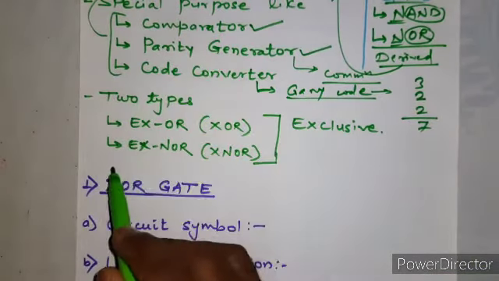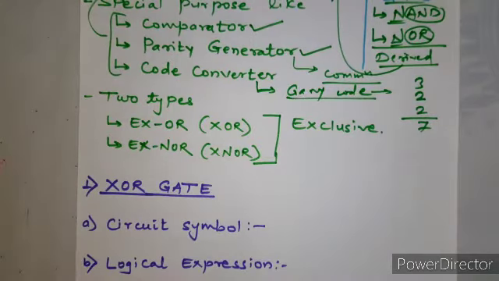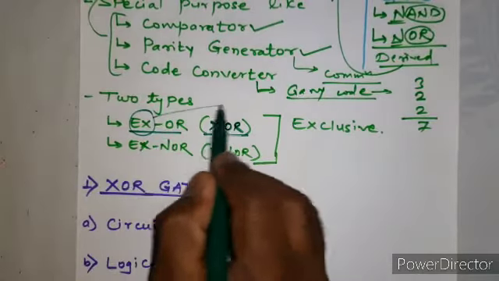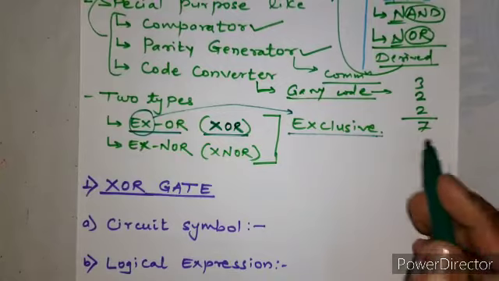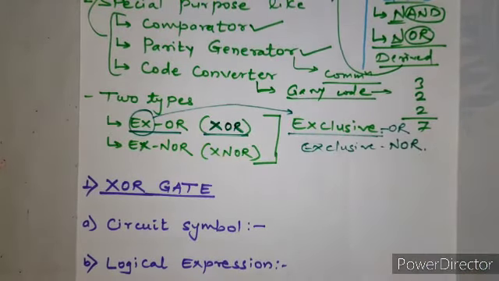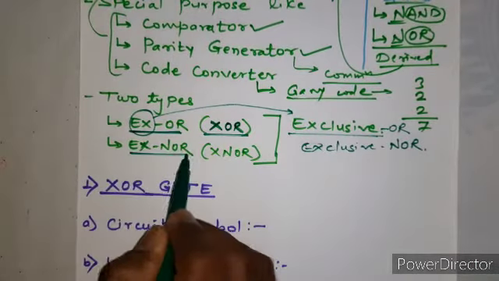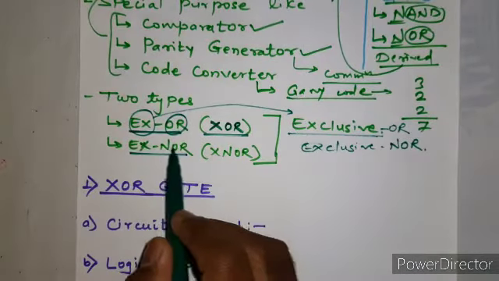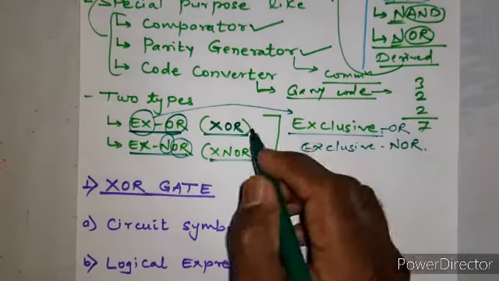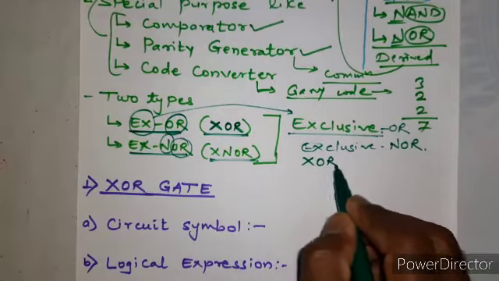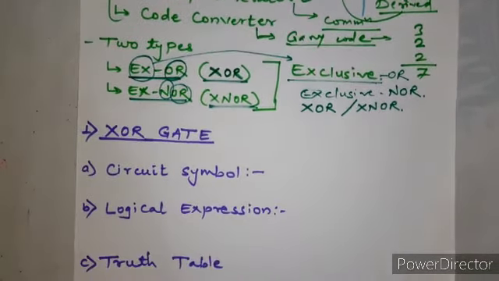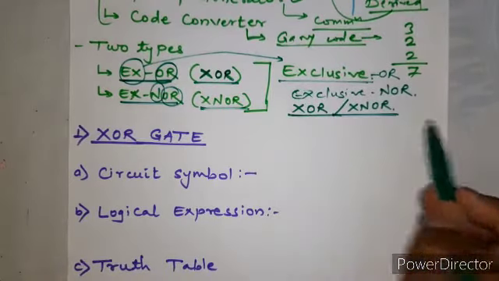These 2 special purpose gates are the XOR gate and the XNOR gate. Here X represents exclusive, so they are exclusive OR and exclusive NOR. Again you can see the OR gate here, then a NOT gate, and again the OR gate here. So these 2 types are called special purpose gates, XOR and XNOR.